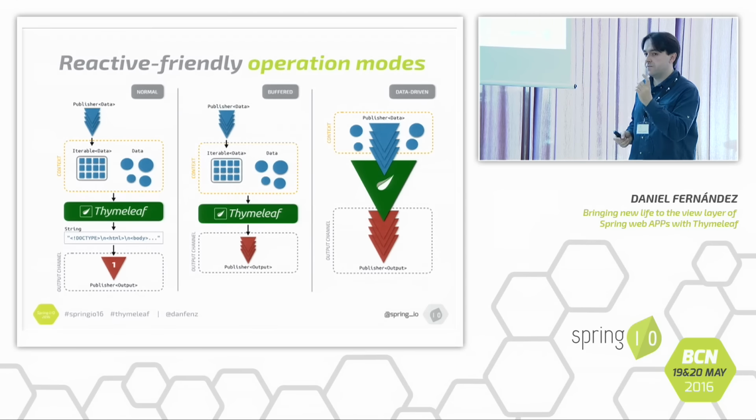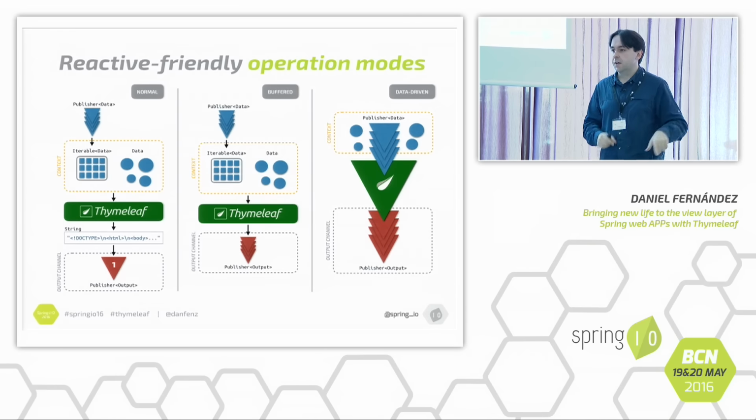So you select one variable in your context that will be a publisher of data. That publisher is reactive streams terminology, okay? You could call it an observable, for example, if you are used to working in Java. And then Thymeleaf will basically be executed as a consequence of that publisher of data calling our next methods. This is what will be driving the execution of Thymeleaf.